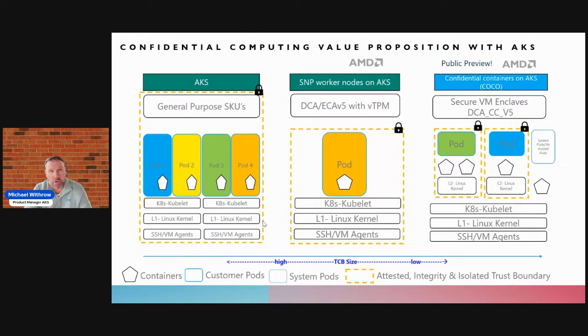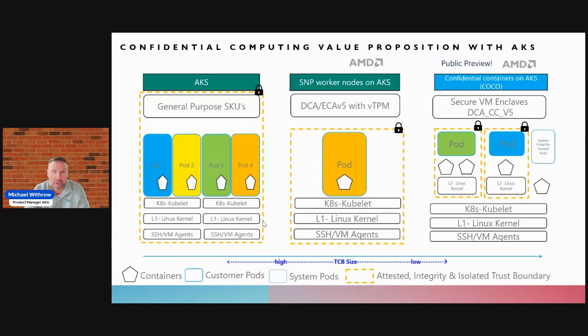So when we look at bringing confidential computing into AKS, you can see we have general purpose SKUs, and the cluster is essentially the security boundary. I've got my general purpose SKUs, I've got pods deployed, and I've got kubelets shared all across that topology. The next stage that we brought in was the worker nodes, which you can think of as a confidential VM capability, which provides the next layer of encryption around that shared kernel.